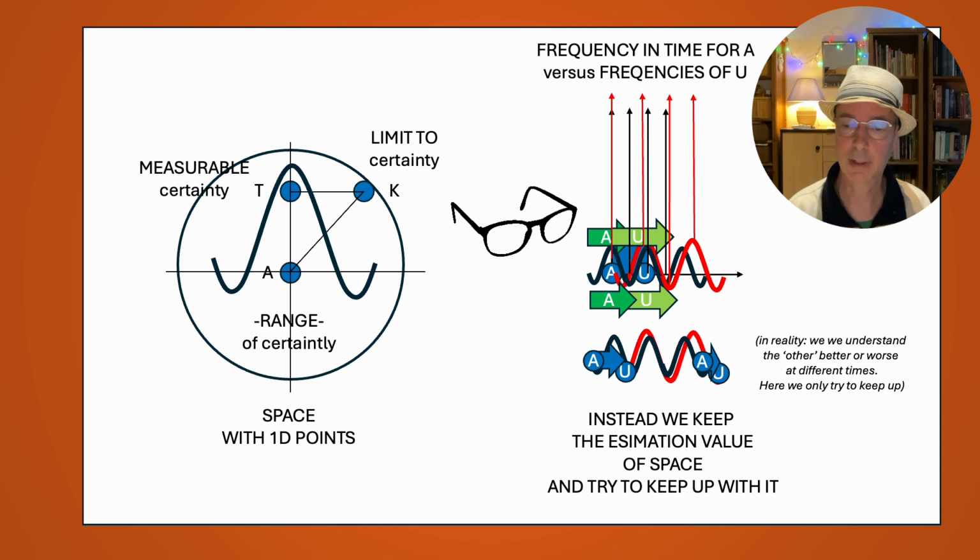But you see, sometimes the waves are a bit further away, sometimes they are a bit closer by. We don't mind, we still understand the other. In better and worse times, we try to keep up, and try to notice where everything is.